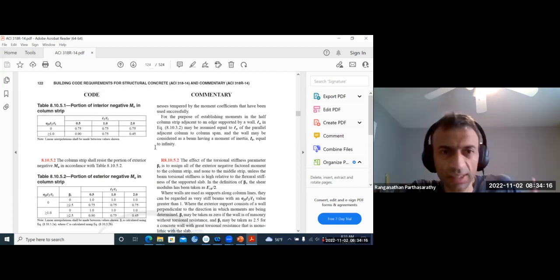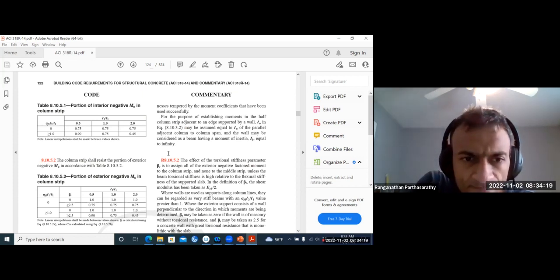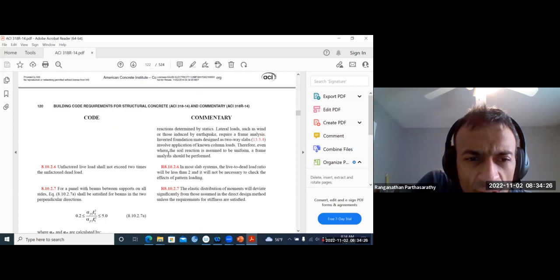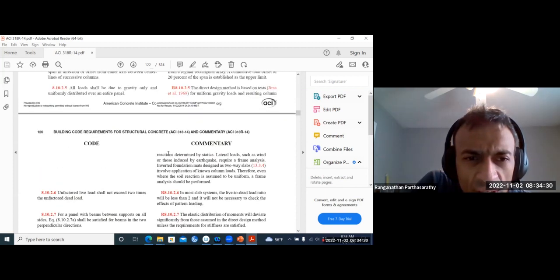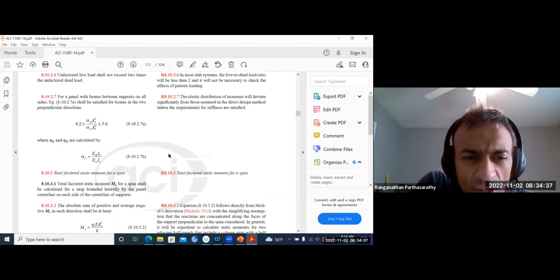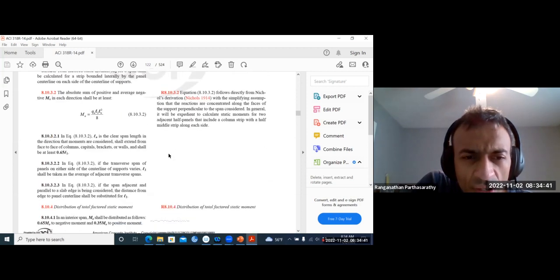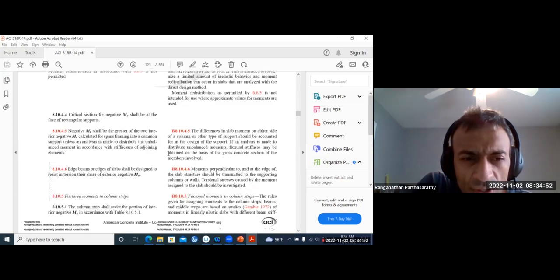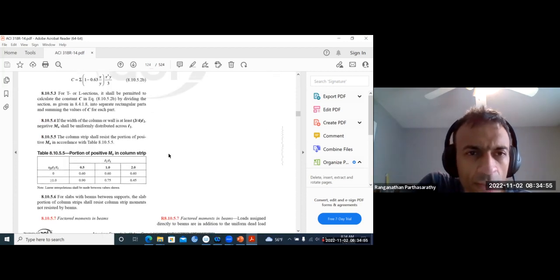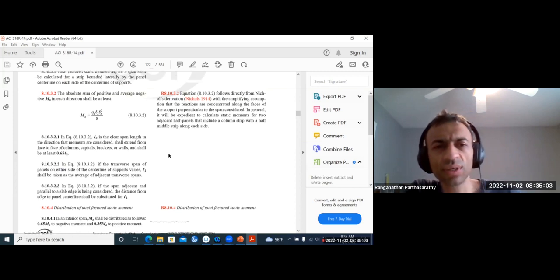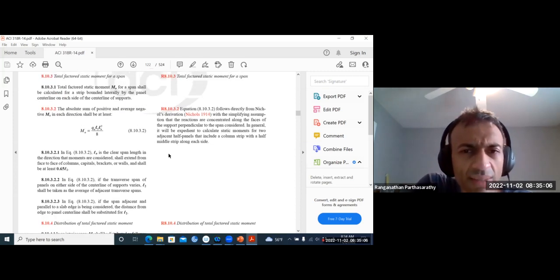Interior negative moment is distributed this way. Before that, just one point: the other thing you have to note is L1.